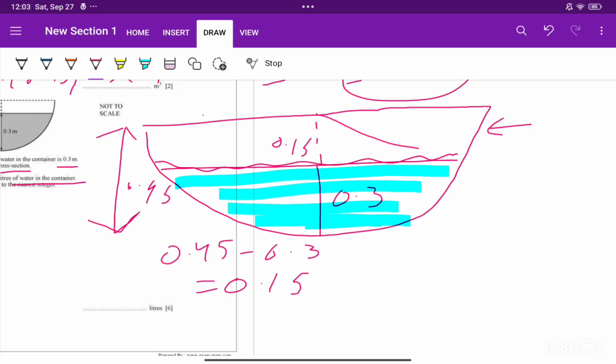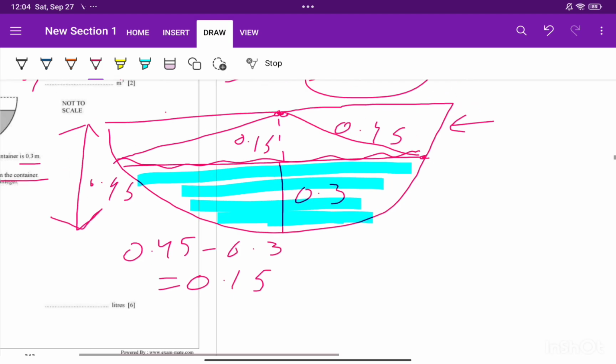Then we can make a triangle. This is 0.15 and this will be 0.45. Why? Because this is also a radius, coming from the center to this point, so this will also be 0.45.